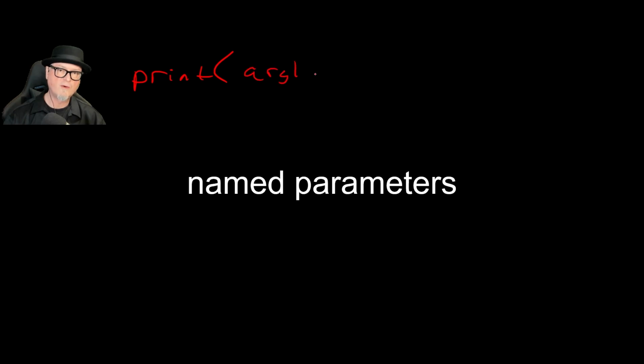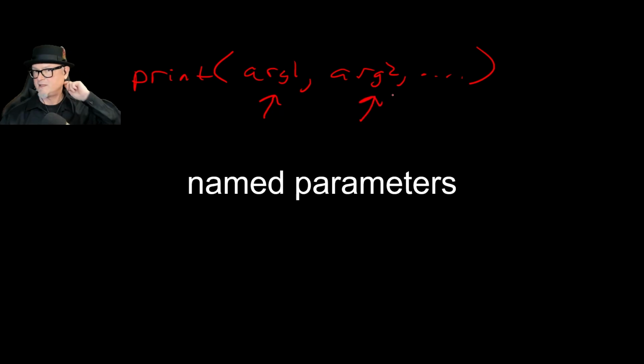But something I just want to highlight to you is the idea that there are named parameters inside of functions, and the idea for this would be like print, and there might be an argument 1, argument 2, etc.